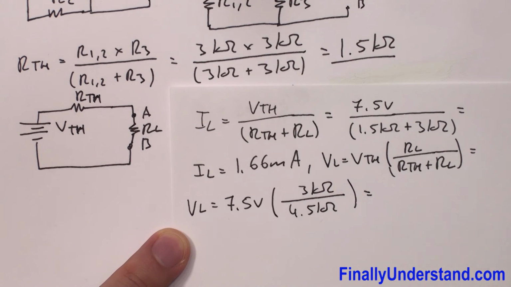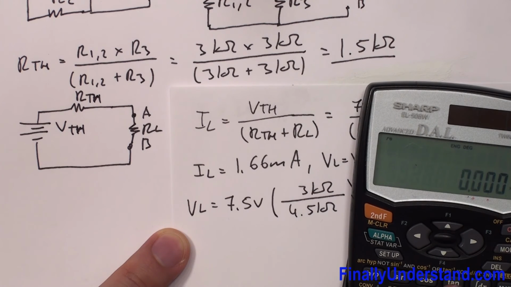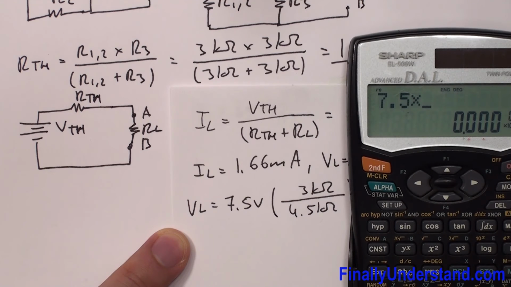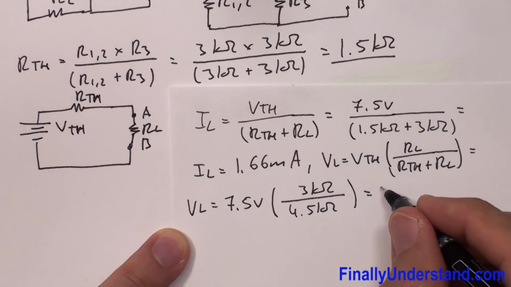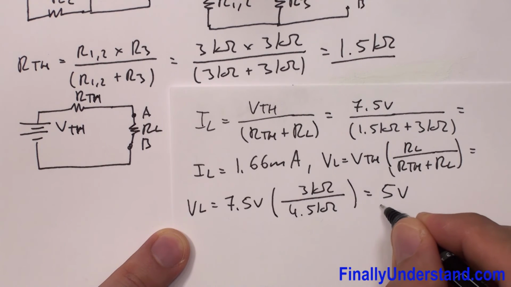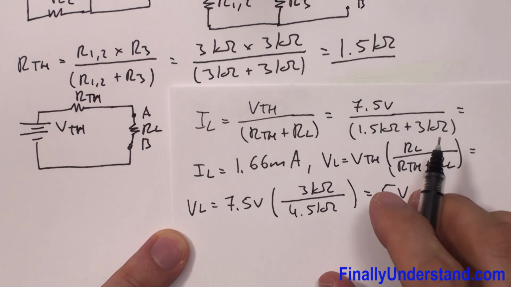This is equal to 7.5 volts times 3 exponent 3 divided by 4.5 exponent 3. This is equal to 5 volts. So my VL is equal to 5 volts.